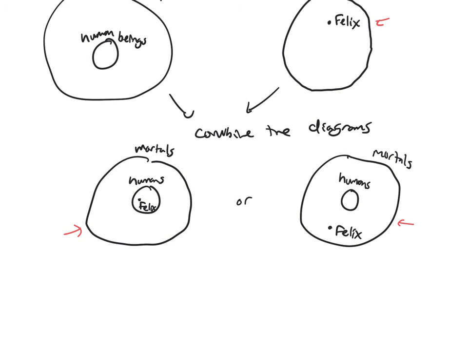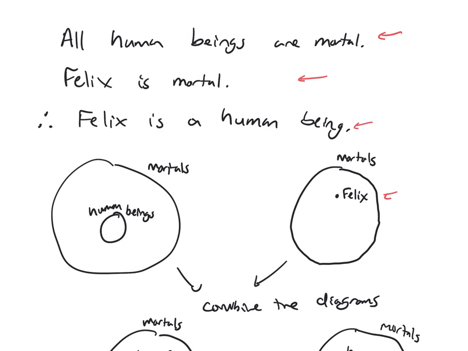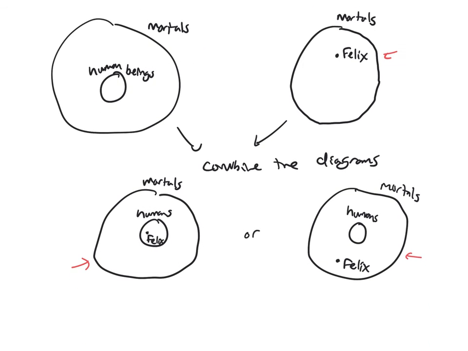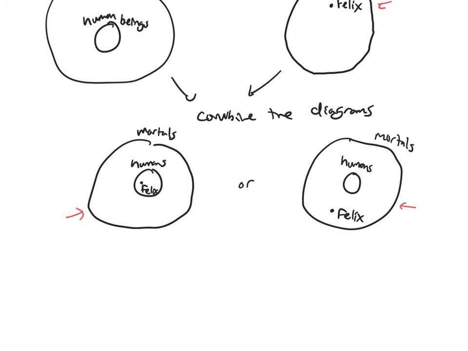In the first one, Felix is a human being is true. But then in the second one, Felix is not a human being.